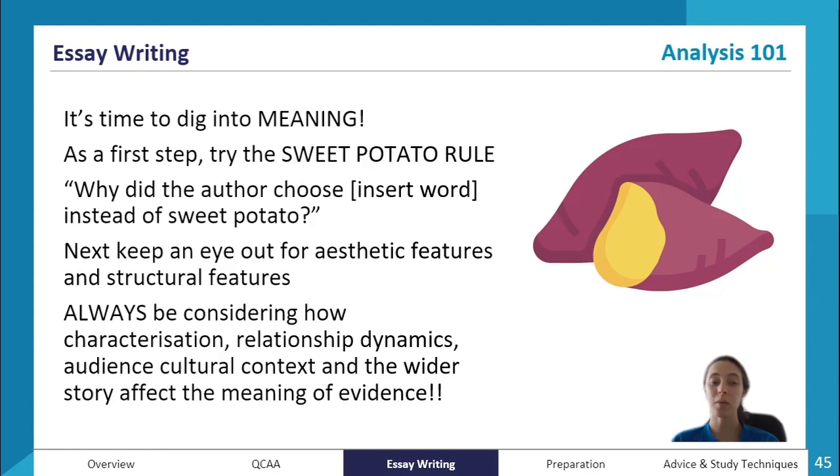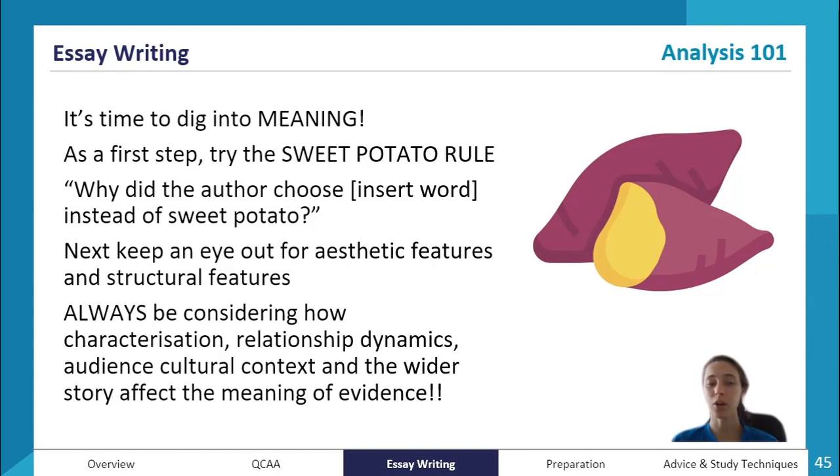And next, keep an eye out for aesthetic features and structural features that the author may have used in the text. And always consider things like characterization, relationship dynamics, audience, cultural context, and the wider story, and how these things affect the meaning of evidence.